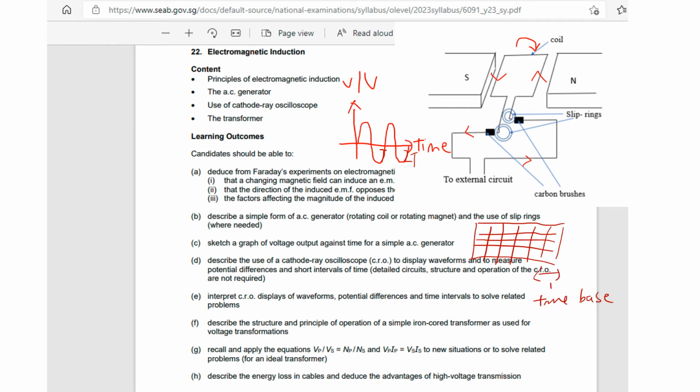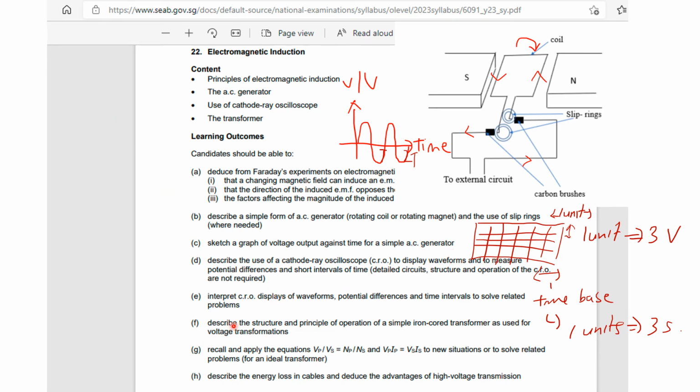Usually the question will tell you, so 1 unit on the horizontal axis maybe represents 3 seconds. Then on the vertical axis, maybe 1 unit represents 3 volts or 5 volts and so on. You need to be able to interpret waveforms on this cathode ray oscilloscope, or given some information, you need to be able to draw the waveforms.